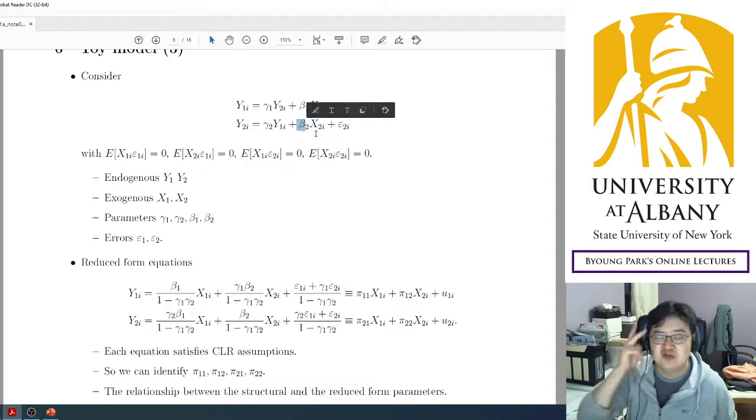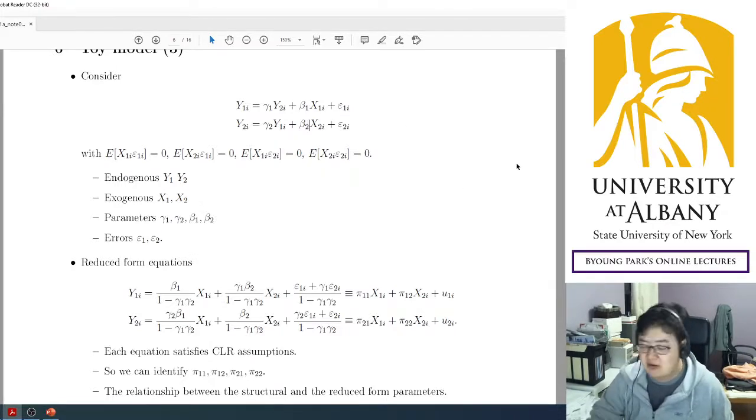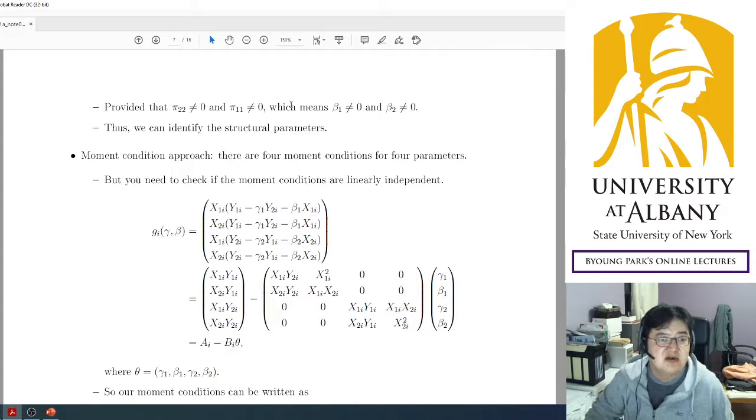So you lose 2 exogeneity assumptions and 1 parameter. It's unfair. You are losing more information than unknown parameters. Unless that's the case, if beta 1, beta 2 are not 0, then you can identify the structural parameters.